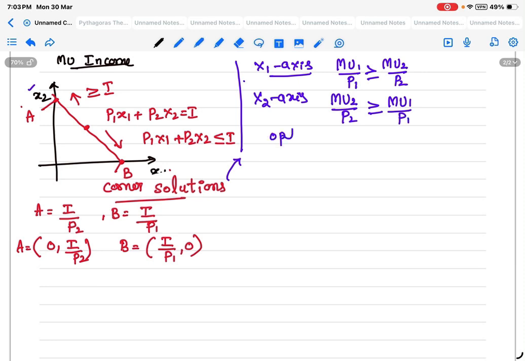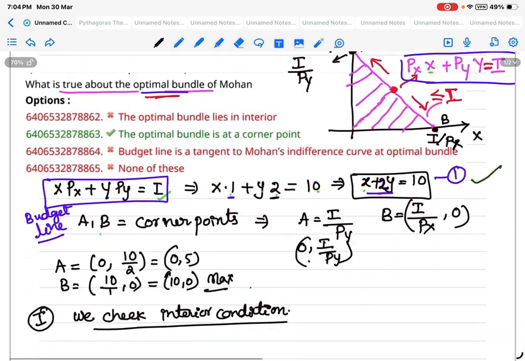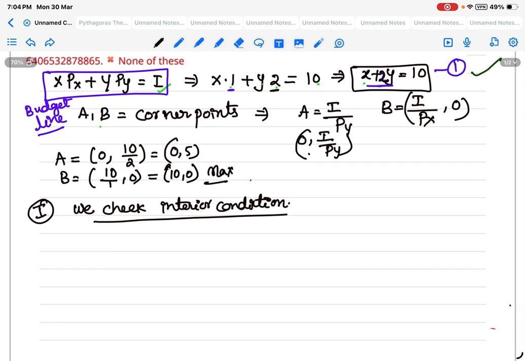The optimal bundle. To find the optimal bundle for the interior solution, MU1 by P1 equals MU2 by P2. This is a very, very important condition. At the interior condition, MUx by px equals MUy by py.